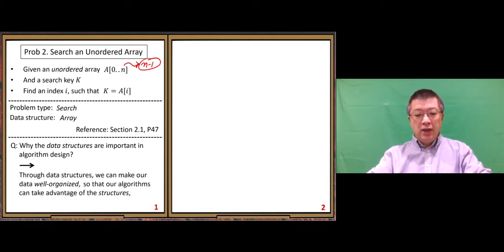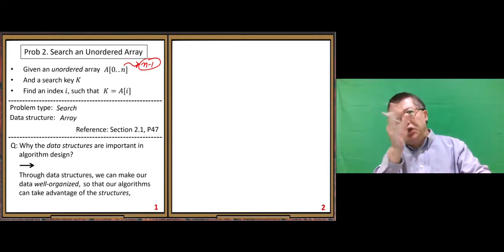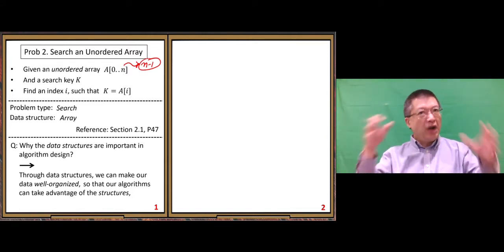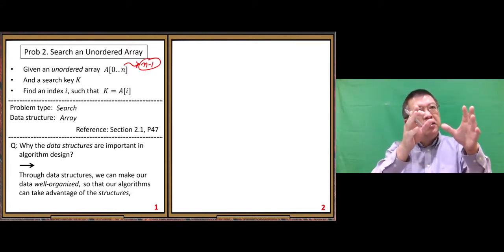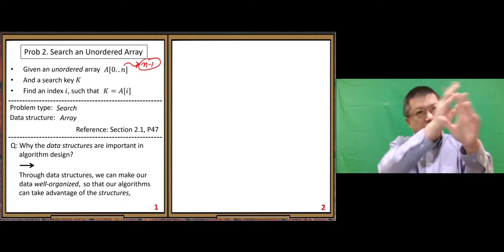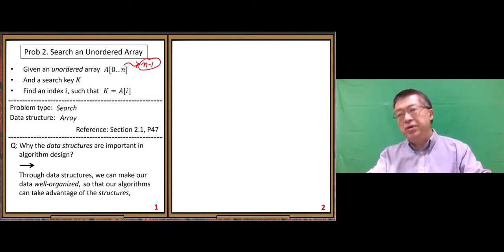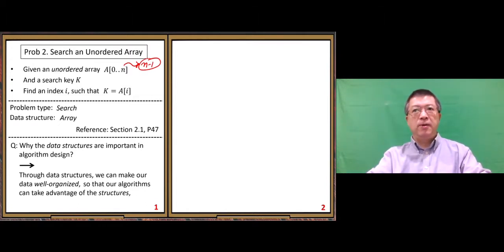So that our algorithms can take advantage of the special structures, because we carefully design those structures as a good fit for our algorithm. That's why I said we need to use many examples to see this point. And the goal is to get better performance. We will quickly see such examples.